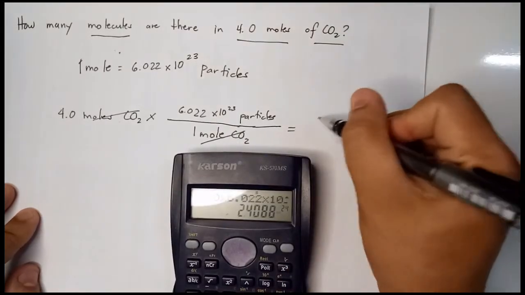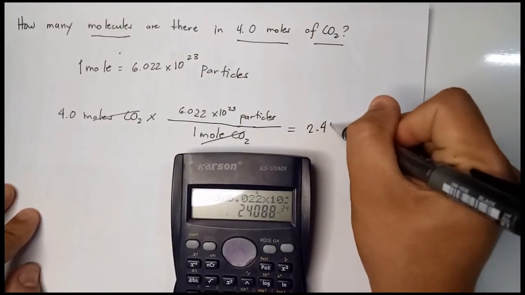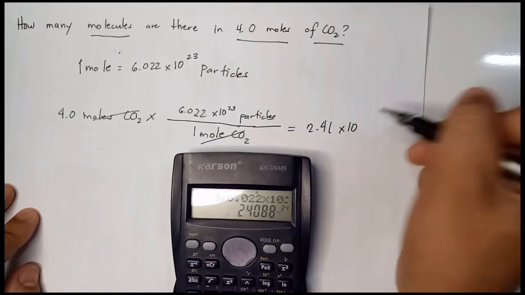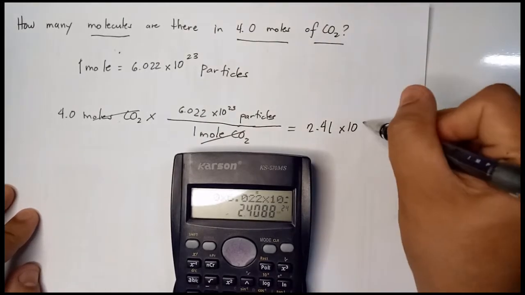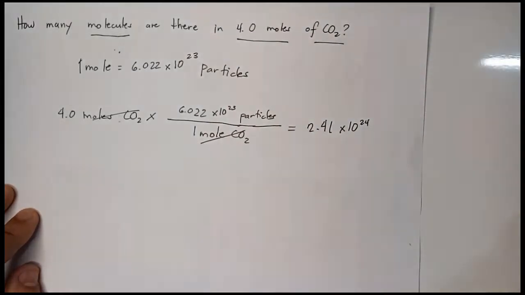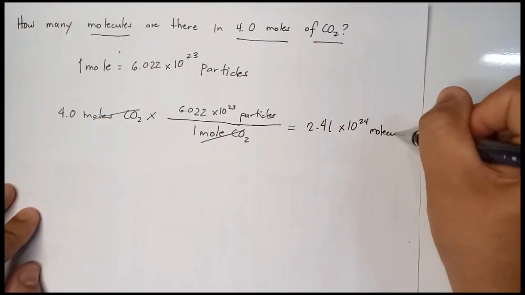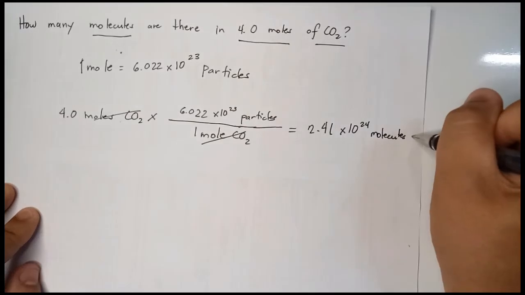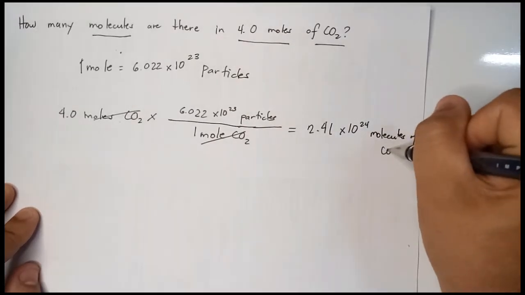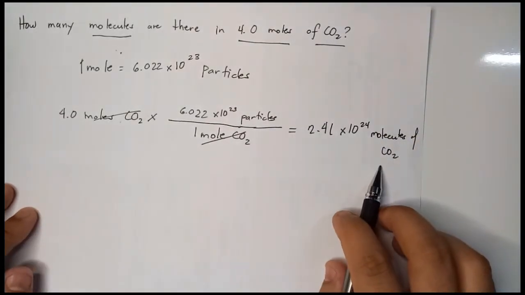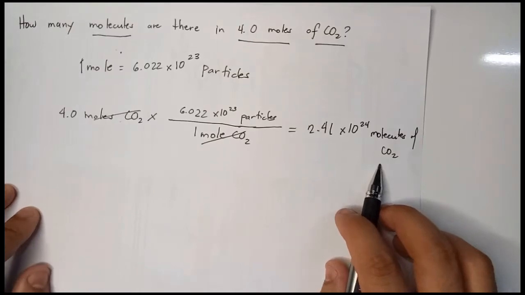So we have 2.41 times 10 raised to the 24th. Ang hinahanap natin ay molecules, kaya ang magiging unit niya ay molecules of carbon dioxide. So, yun yung sagot natin.